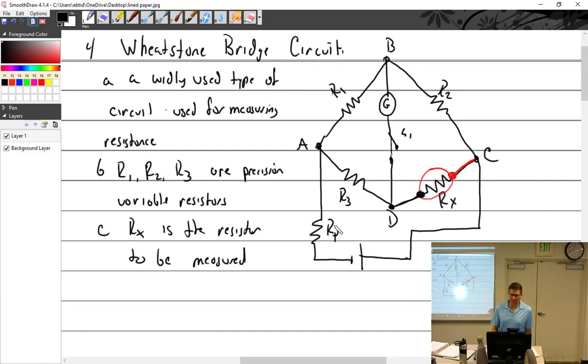So what happens is if R1, R2, and R3 are balanced out perfectly, then when current flows through here, you're not going to get a reading on your meter, because you're in balance between one side versus the other.